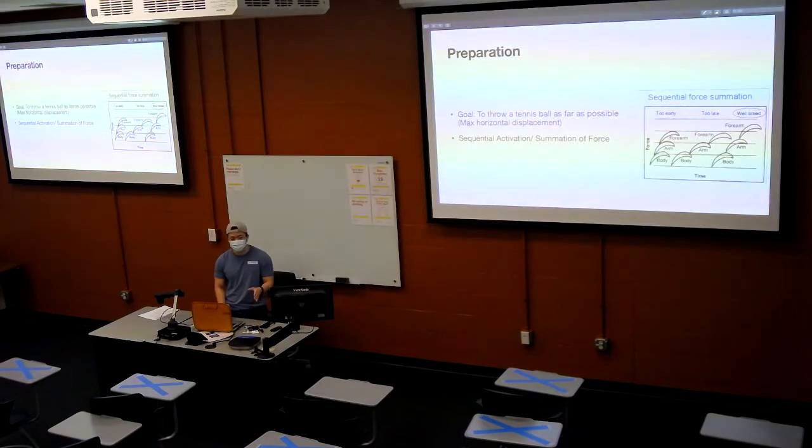If you activate each body part too early, then looking at this graph, you're adding the force at a suboptimal time, which results in a lower force. So you want good timing, where you add the force at the peak of the previous body segment. Timing is another pretty important component. So you've got to use all the body parts and activate them at the right timing.